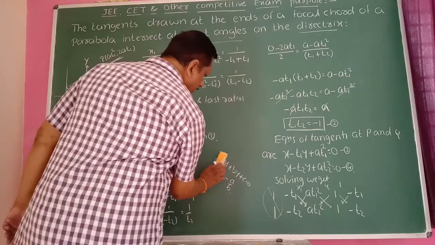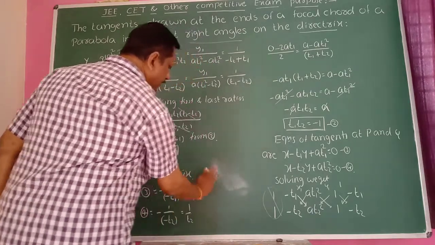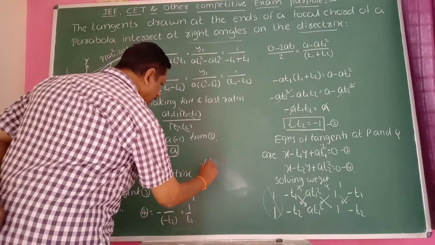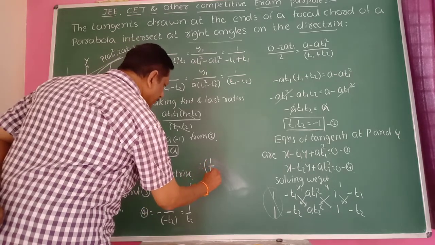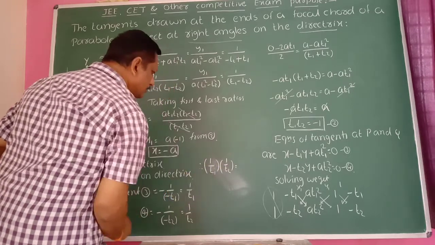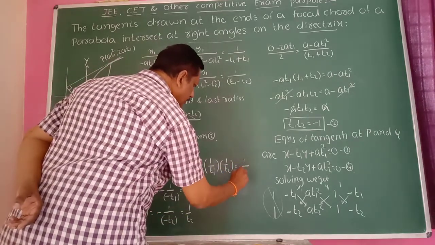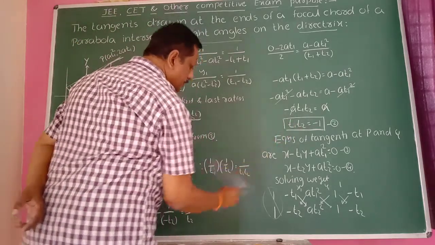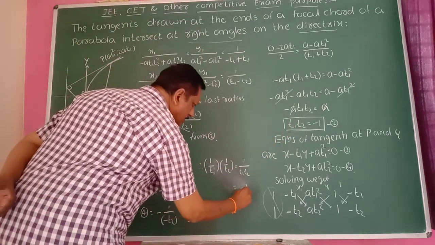Then its product is given by 1 upon t1 into 1 divided by t2 is equal to 1 upon t1 t2. But t1 t2 is what here? Minus 1. So this is equal to minus of 1 here.